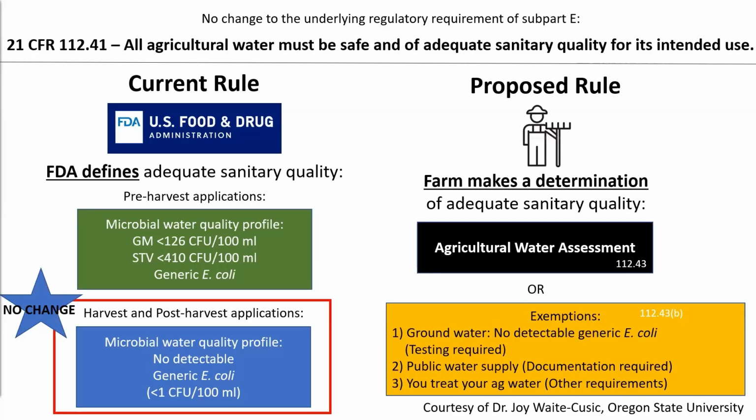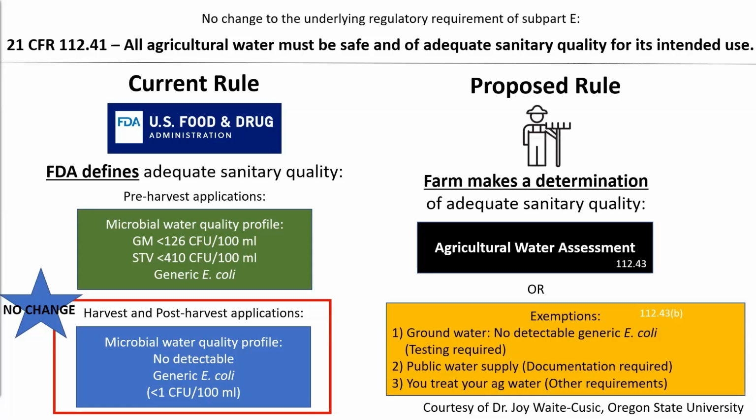So if you test your irrigation water source and you have more than 126 generic E. coli in that water, then you have to implement some sort of mitigation strategy to reduce potential risk. Also, under the current rule, FDA defines the number of times per year you have to test every single source of pre-harvest water you're using on your farm.